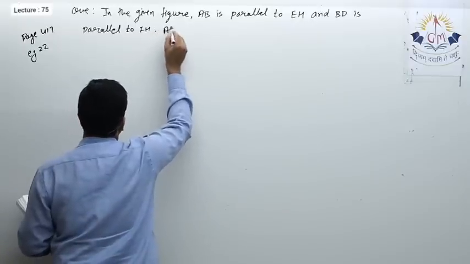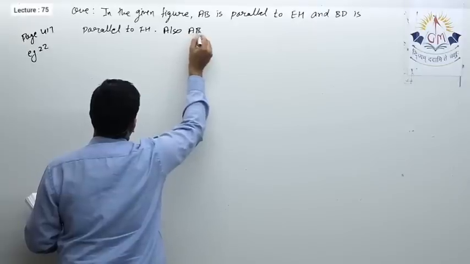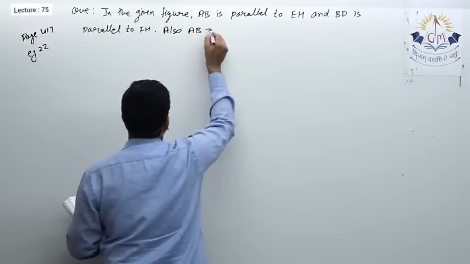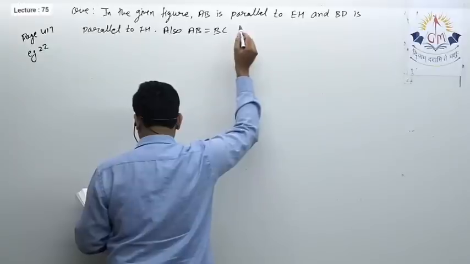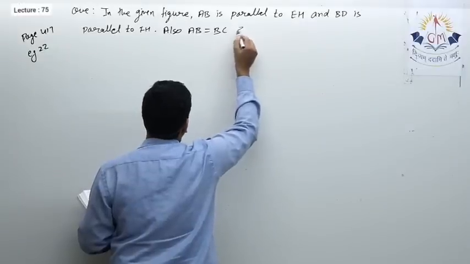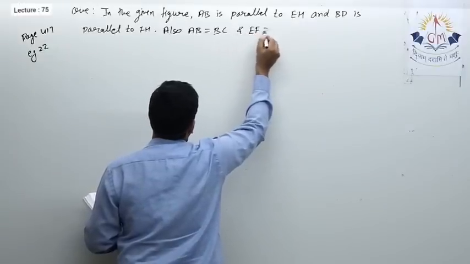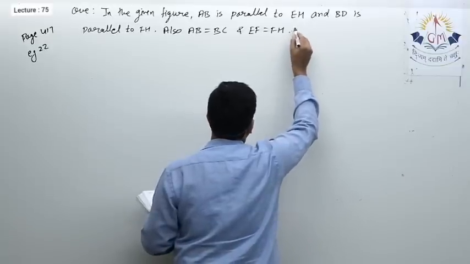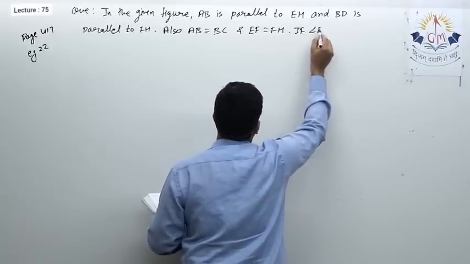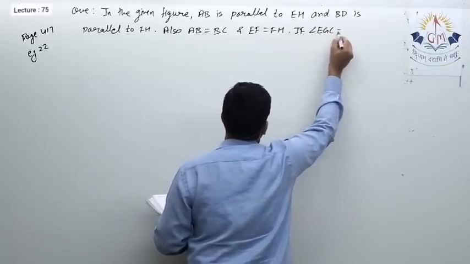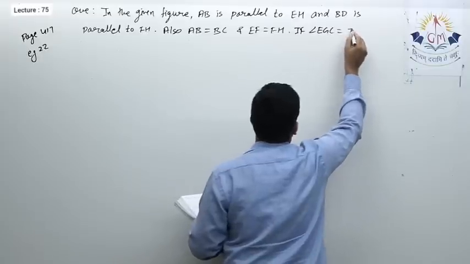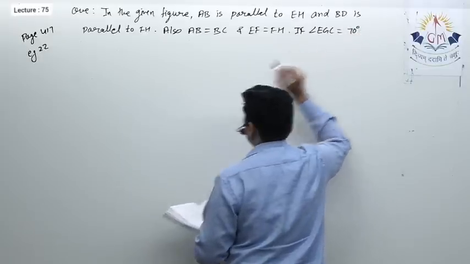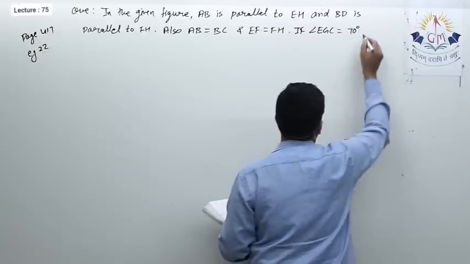Also, AB is equal to BC and EF is equal to FH. If angle EGC is equal to 70 degrees, find angle D.